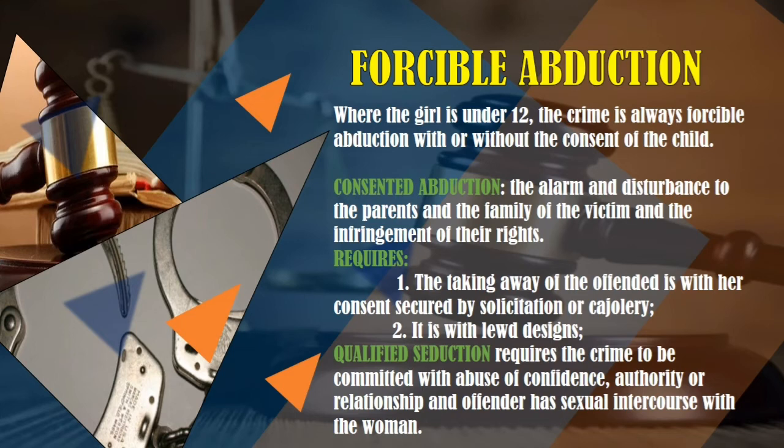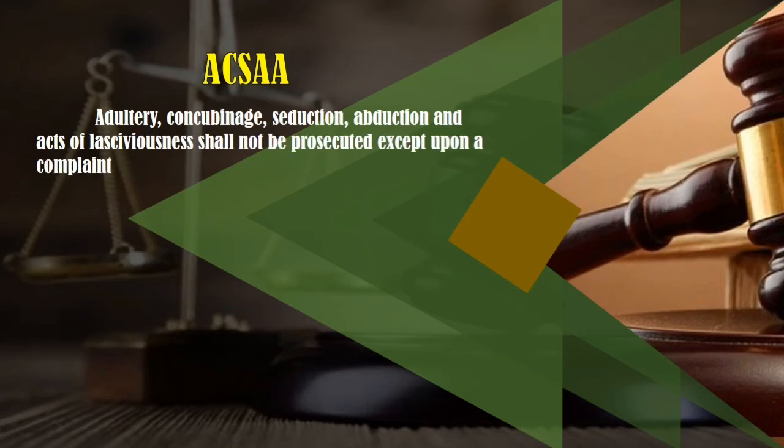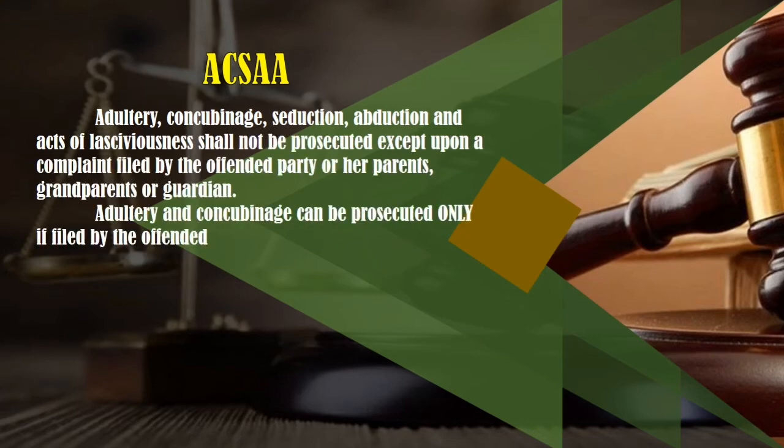So again, class, in the case of adultery, concubinage, seduction, abduction, and acts of lasciviousness, these crimes shall not be prosecuted except upon a complaint filed by the offended party or her parents, grandparents, or guardian. And in the case of adultery and concubinage, this can be prosecuted only if filed by the offended spouse.